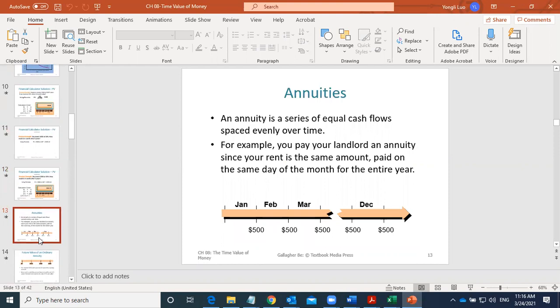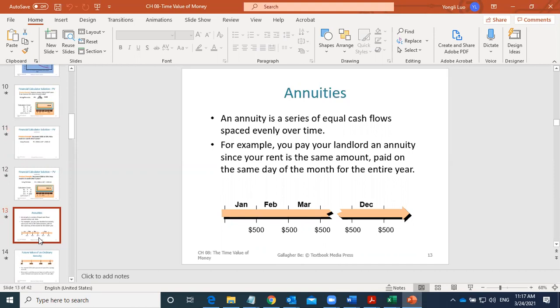Basically, we are not going to do only lump sum questions. The lump sum question is just a one-time thing. You put $5,000 in for your kids, and when your kids go to college, how much money is going to be in your account? That's a lump sum question. You just do one-time deposit, or you want to withdraw something one time. But in most cases in finance, it's not just one time.